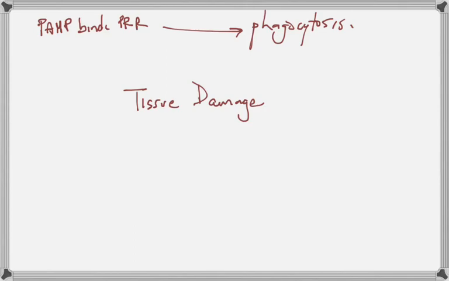At that point, what happens? If this is a macrophage, what happens after this process of phagocytosis? If it's in the phagolysosome, which of those two?